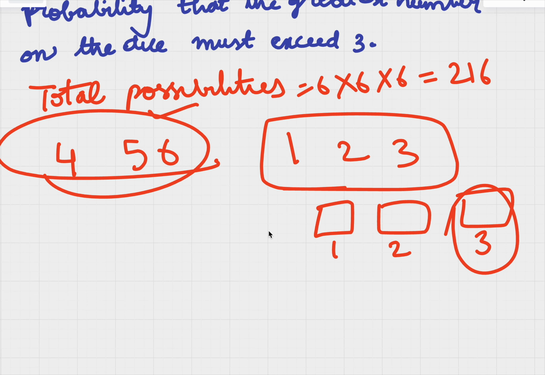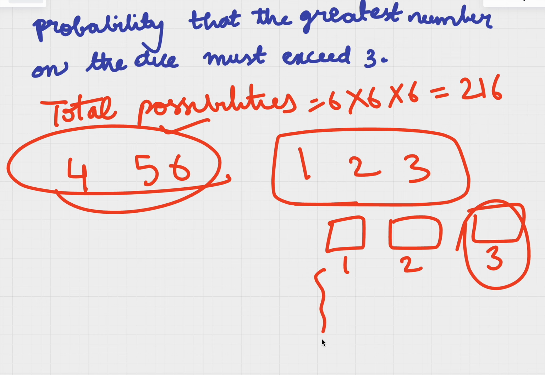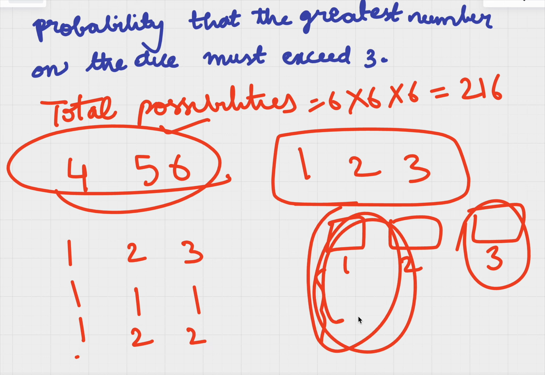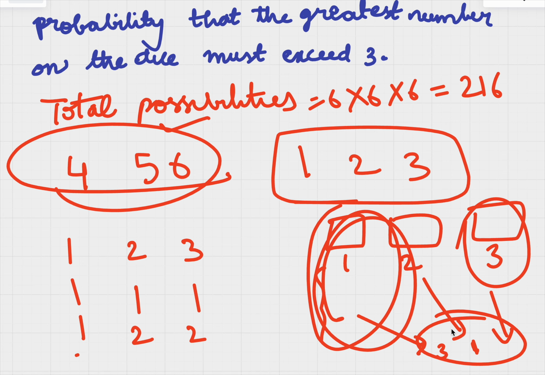So, how do you arrange these? The combinations go like this: here it can be 1, 2, 3, or it can be 1, 1, 1, or here it can be 1, here it can be 2 and 2. Similarly, this place has 3 chances. It can get a 1 or a 2 or a 3. Here also you can get a 1 or a 2 or a 3. Here also you can get a 1 or a 2 or a 3, and you can form combinations with all of them.